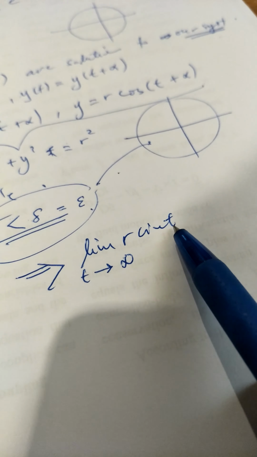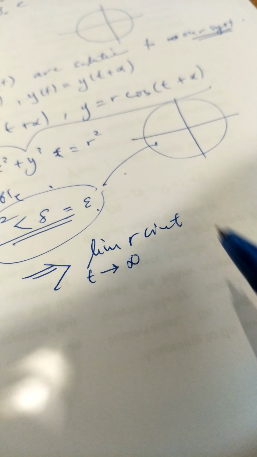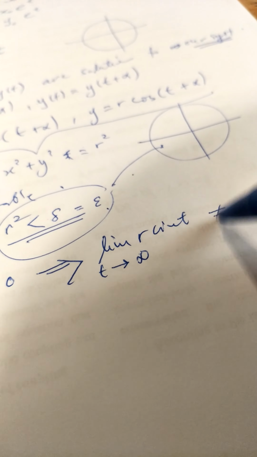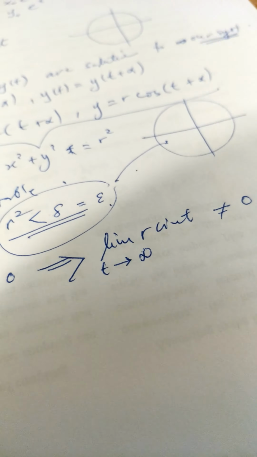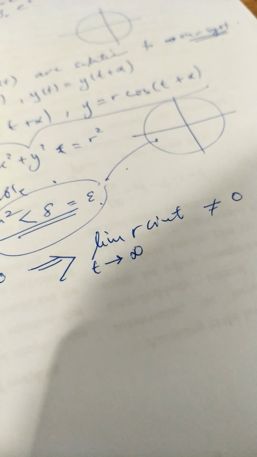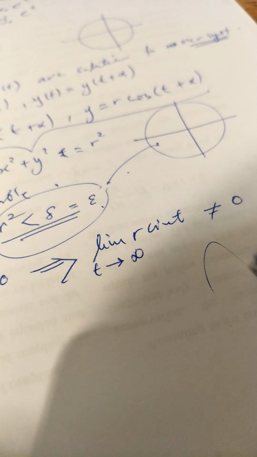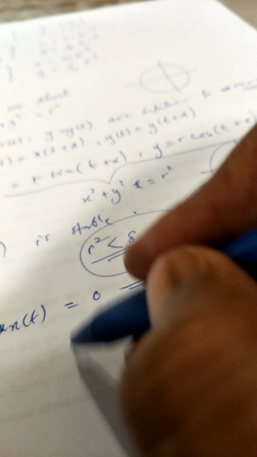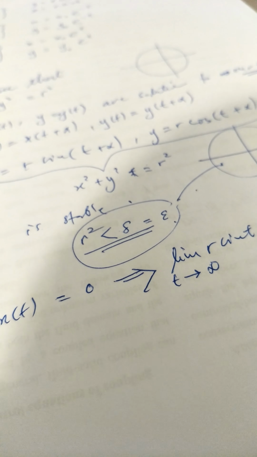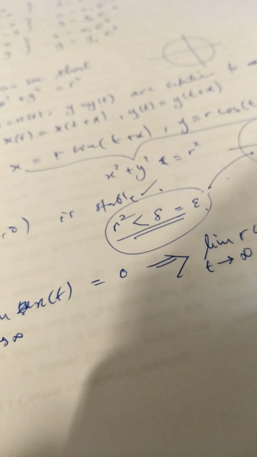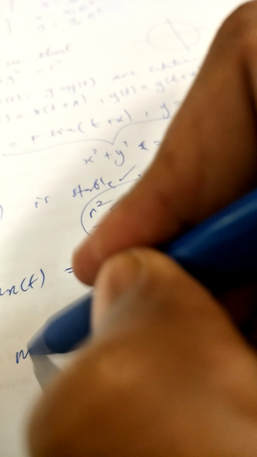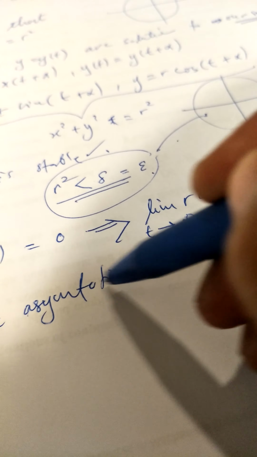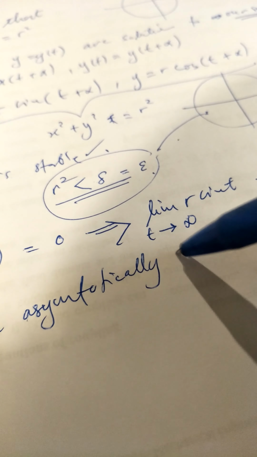You can see here that sin t is sometimes 0, sometimes different than 0, so it does not all go to 0, because sine is a periodic function. So in this case 0, 0 is not asymptotically stable, but it is stable. Stable but not asymptotically stable.